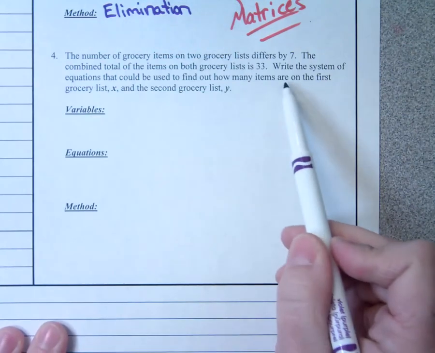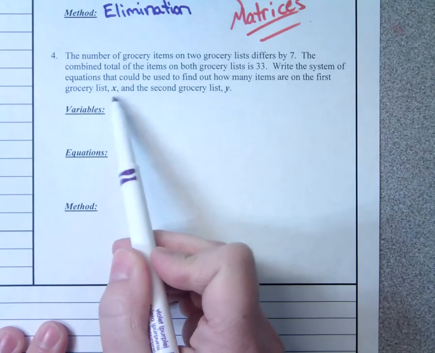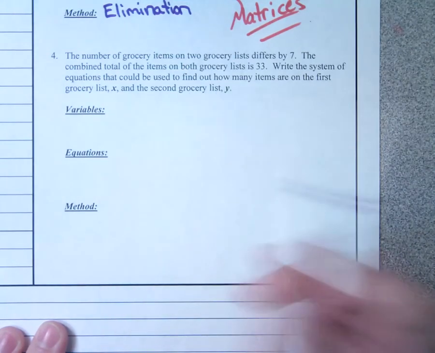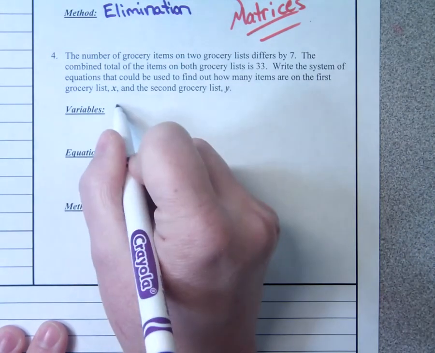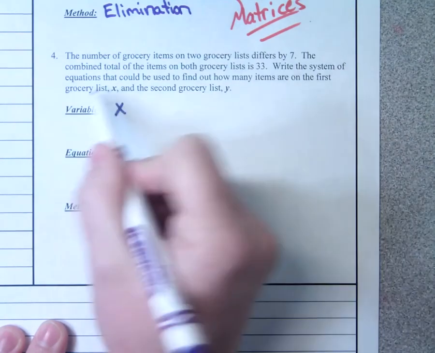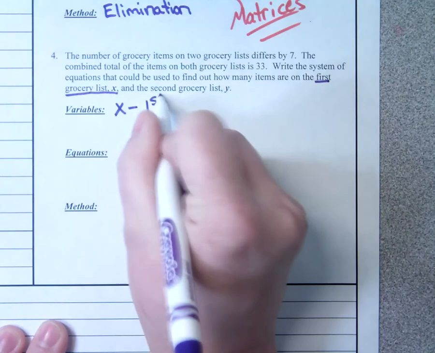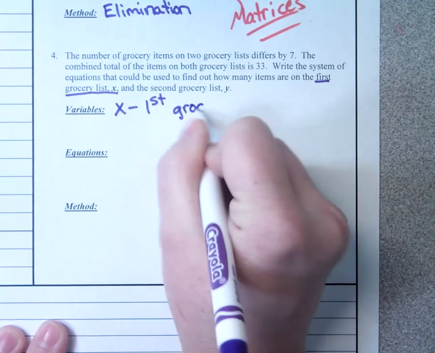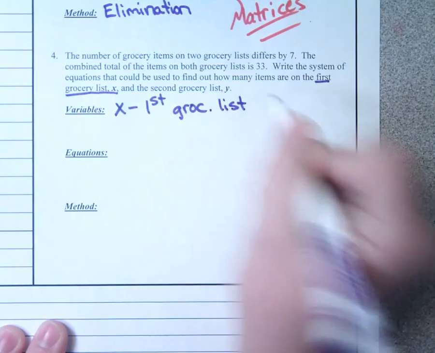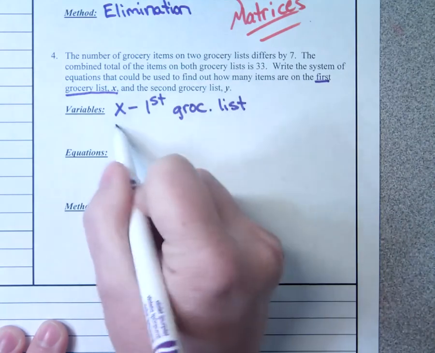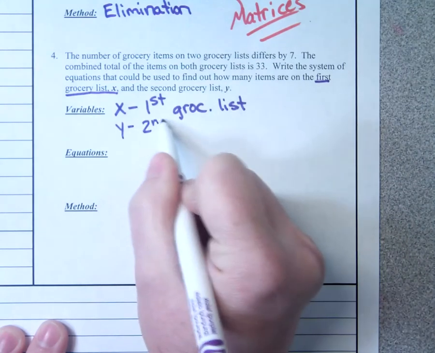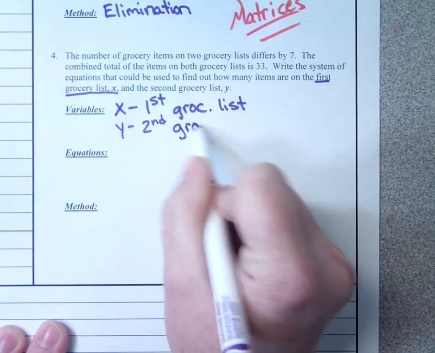I am so sorry. Okay, our variables are going to be X, and X is talking about the first grocery list. And Y is representing the second grocery list.